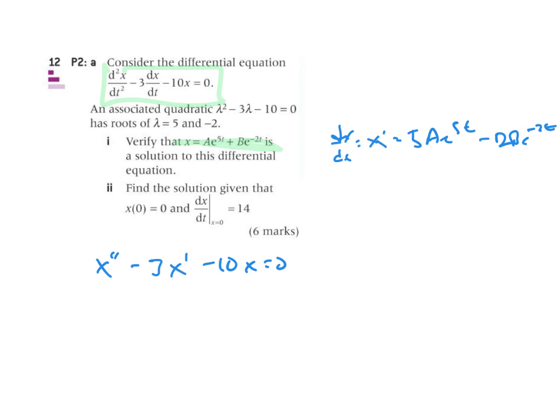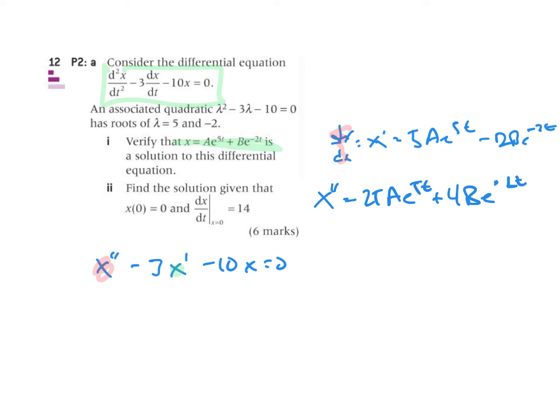Okay, and that is going to be this value here. And similarly, to find this value, if I take the derivative of this, it's going to be the second derivative, so x double prime is going to be 25ae^(5t), because with the chain rule the 5 becomes 25, plus 4be^(-2t), taking the derivative.